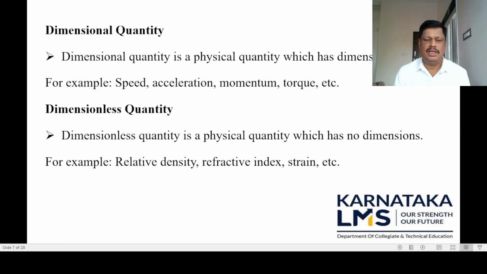When the physical quantities are ratios, their dimensions get cancelled with each other. For example, refractive index or absolute refractive index is defined as the ratio of velocity of light in free space to the velocity of light in a medium. So both are velocities. The dimensions of velocities get cancelled. Therefore, they don't have dimensions.